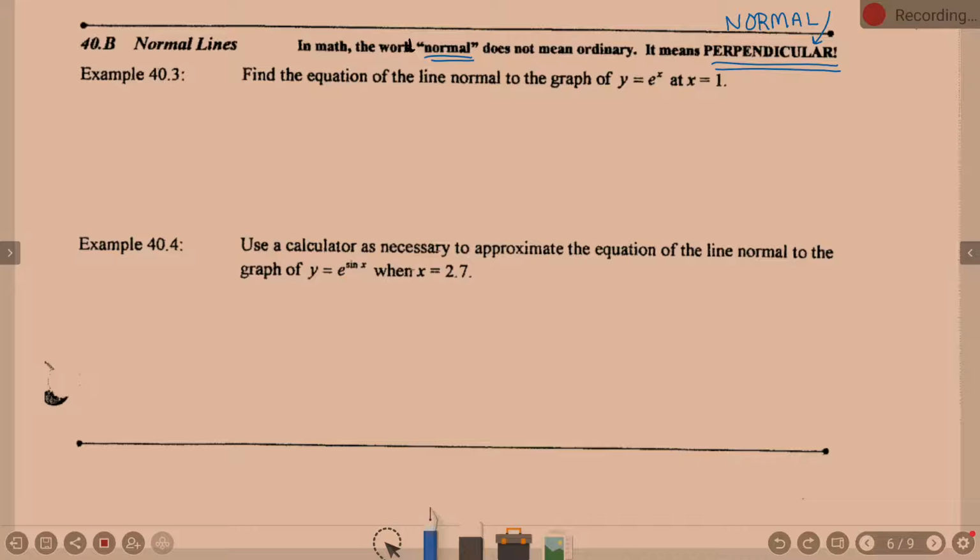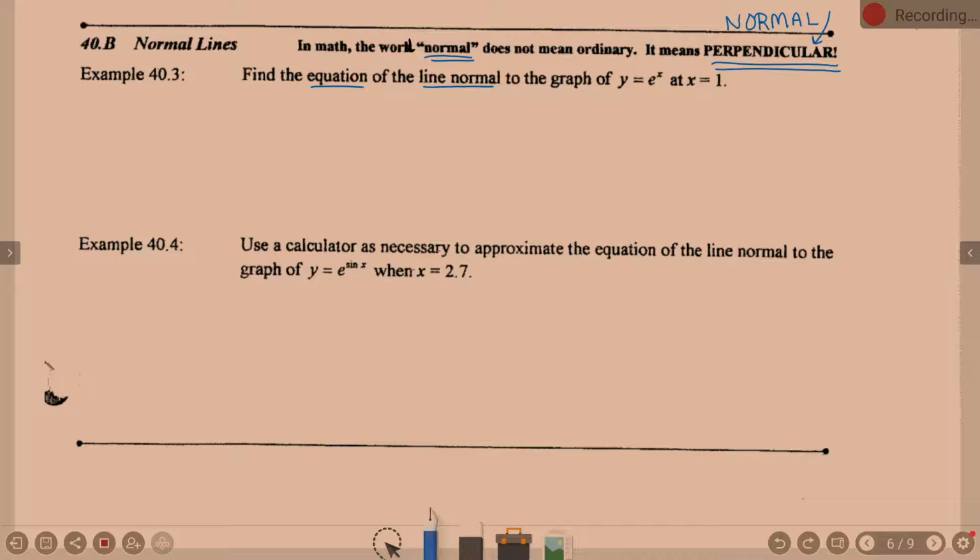So perpendicular would like to be the same. So we need to find the slope, which would be the derivative, and then we have the opposite reciprocal, right? Okay, so before we get too far into this, let's review the fact that parallel lines have the same slopes. Perpendicular lines have opposite reciprocals.